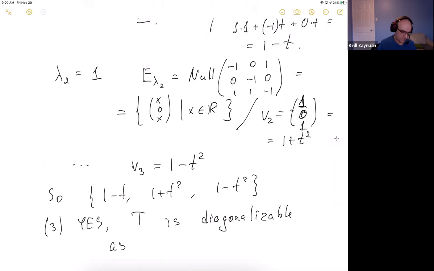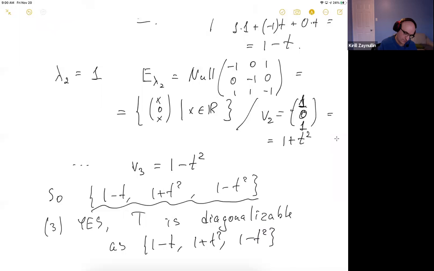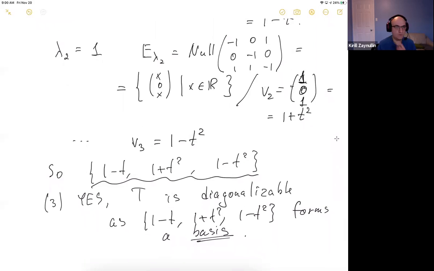Namely, if you look just at this set, you realize that they indeed form a basis of the whole space of polynomials, right? So meaning that 1 minus t, 1 plus t squared, 1 minus t squared forms a basis. And this is indeed one of the major criteria for being diagonalizable.